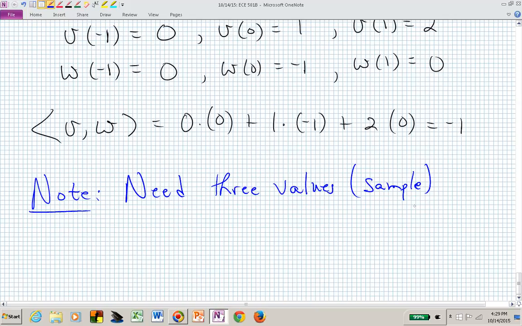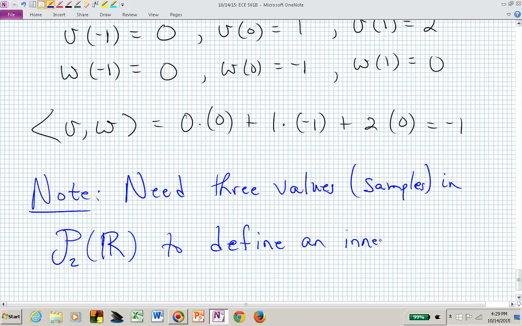We need 3 values or 3 samples in P sub 2 of R to define an inner product.